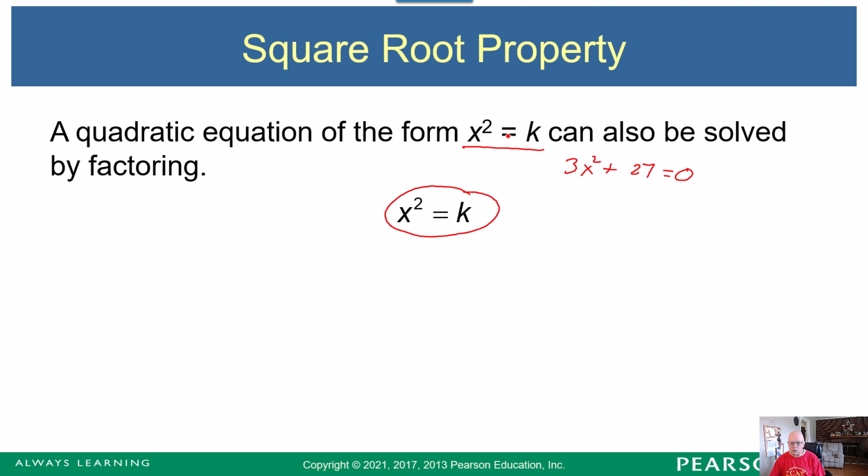And this one will be the square root of k, assuming k is positive. Well, not necessarily. And this one will be the same thing except it'll be the opposite. It'll be the negative square root of k. Notice the subtraction minus sign is outside the square root. And that's how you do that simple one.